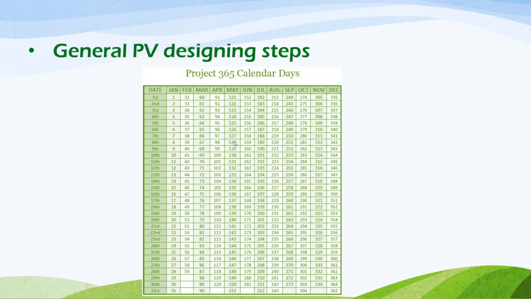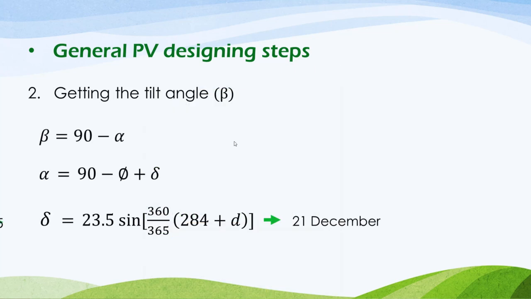So when searching the days table, we find 21 December, and this intersection gives us a day number of 355. When substituting this 355 to get the declination angle, it will be minus 23.5. This is the worst declination angle in the world, which gives the worst solar radiation.